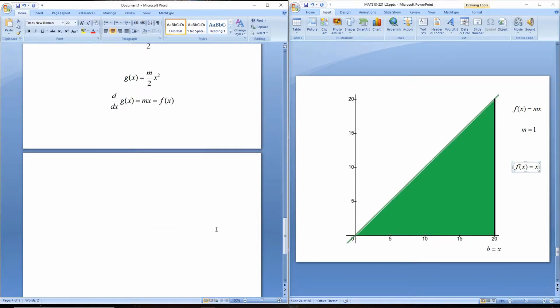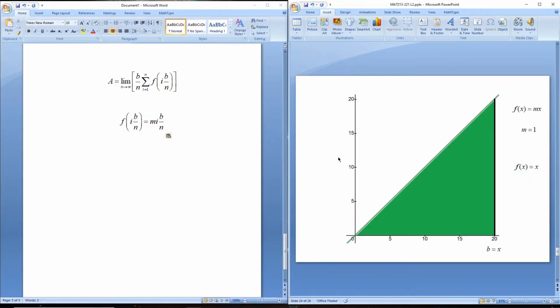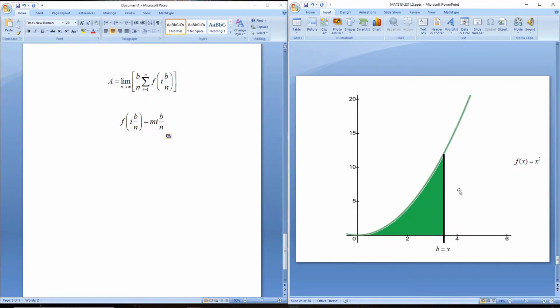Let's do one more example. Since I haven't done anything with curvature yet, let's check out good old x squared. And we're going to go from 0 to some b value that we'll call x. So we start with our general expression for the area.